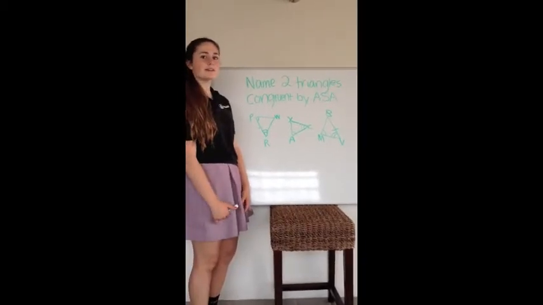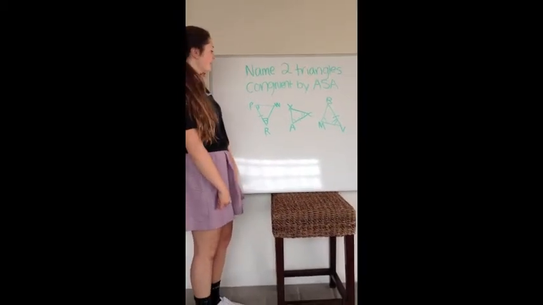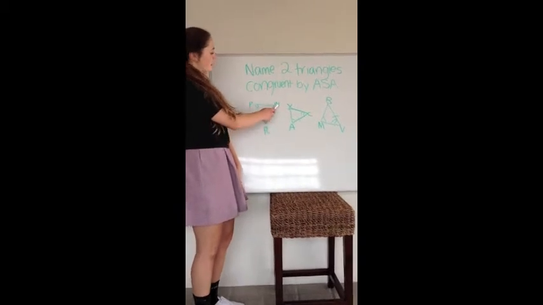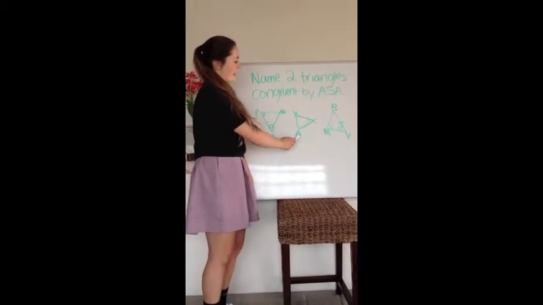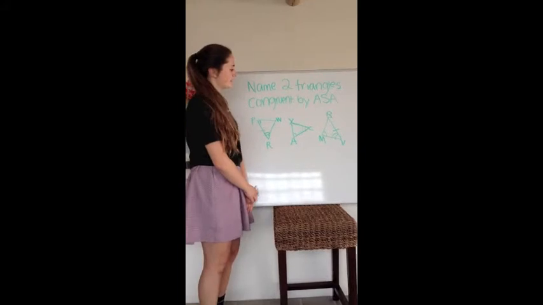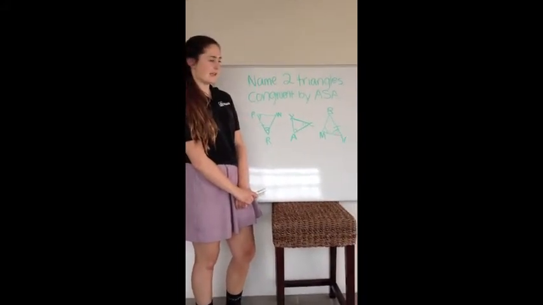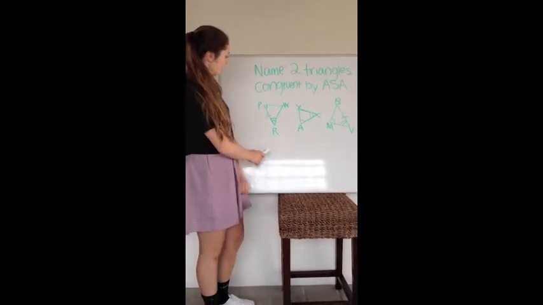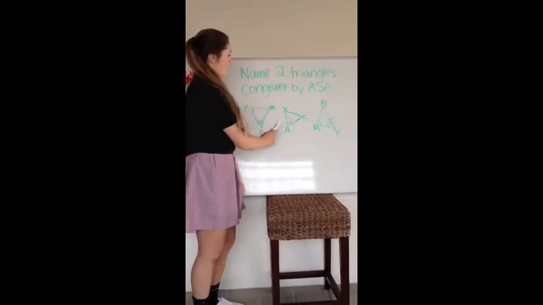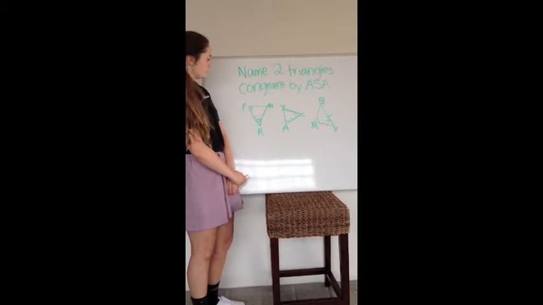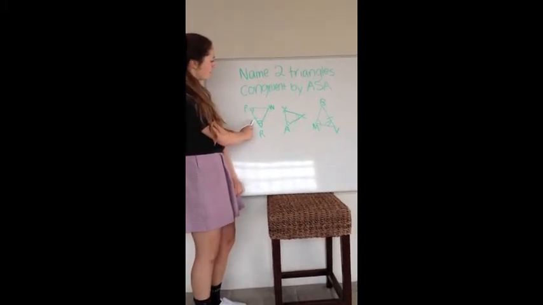Now name two triangles congruent by ASA. We have triangle PRW, triangle ACY, and triangle MVB. What triangles are congruent by ASA? A is an angle, so we have all our angles congruent. Side, which is the included side, so this has an included side.